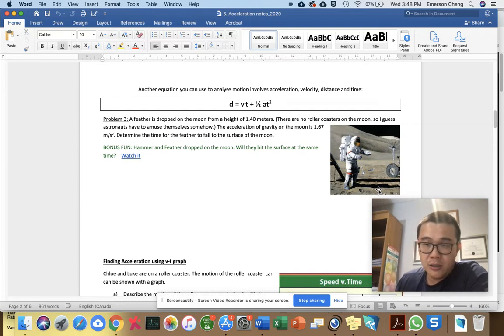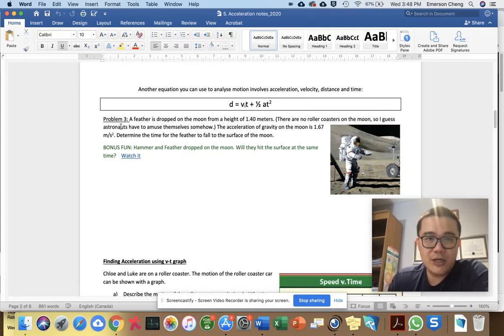On Earth, we also have that. If you drop something, that acceleration A will be 9.8 or 9.6, I don't remember exactly, due to the gravity of the Earth. Now, let's calculate this.